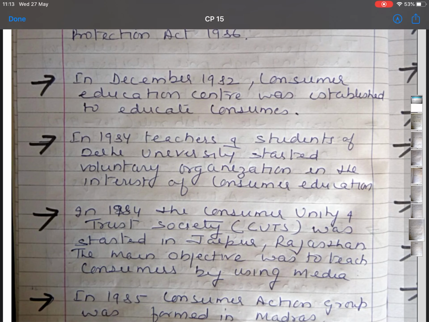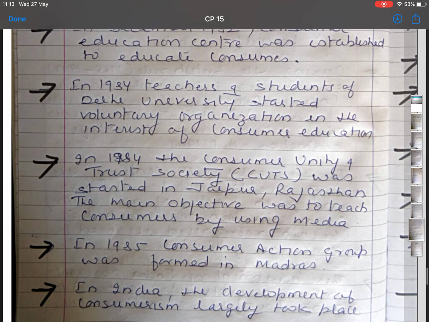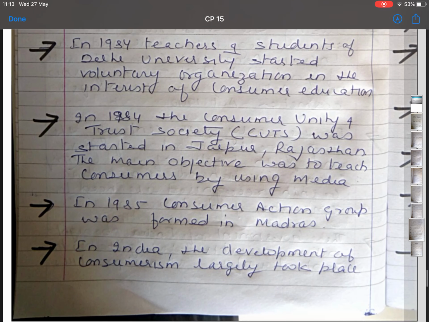In the same year, 1984, the Consumer Unity and Trust Society, that is CUTS, was started in Jaipur, Rajasthan. The objective was to teach consumers by using media. Then in 1985, Consumer Action Group was formed in Madras. The year 1985 also witnessed the formation of another consumer organization, the Bombay Telephone Users Association.